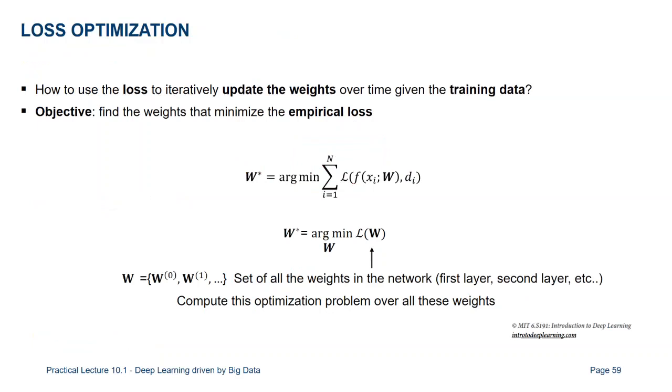So you see, basically we are talking about loss optimization, right? We want to optimize and find a way to iteratively update the weights over the training data. What we want to find is the empirical loss, so that it's minimal, right? Of course, we are working on this training set, so we call it empirical because this is the minimum inside this particular training set.